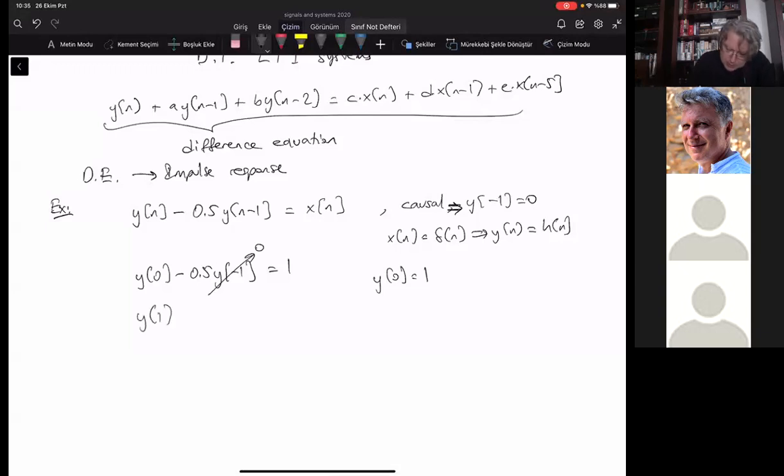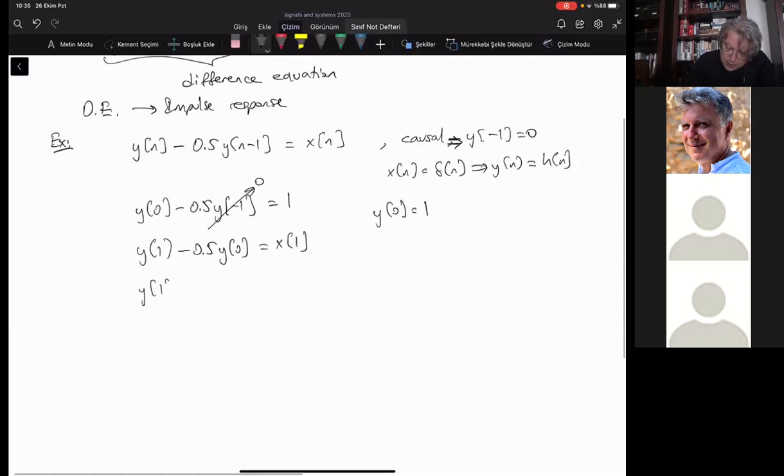Then what is y of 1? Y of 1 minus 0.5 y of 0 is equal to x of 1. So y of 1 minus, what was y0? It was 1. 0.5 times 1 is 0.5, what is x of 1? 0, because x of n was 1 at n is equal to 0 and 0 everywhere else.